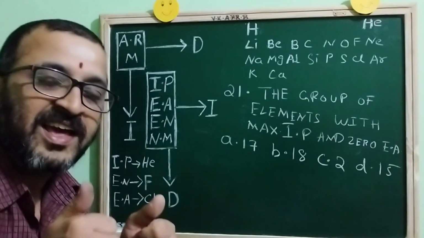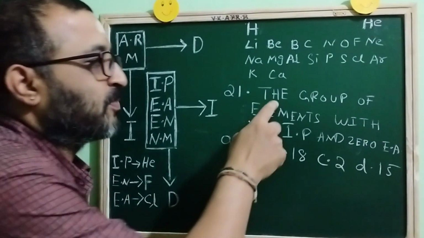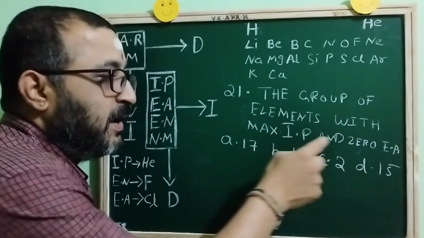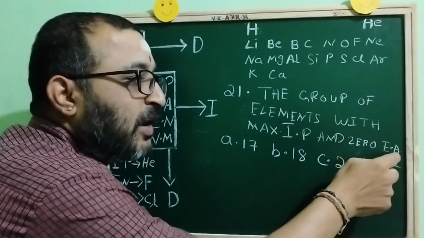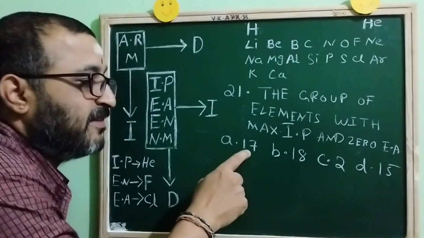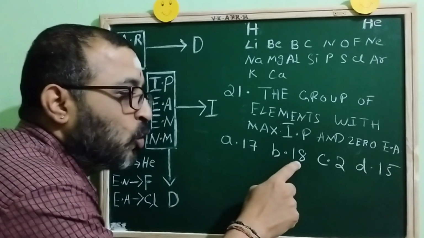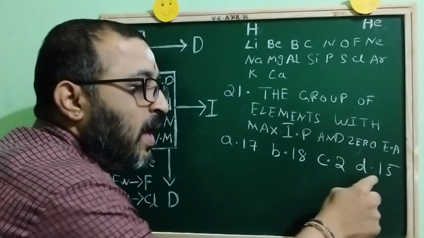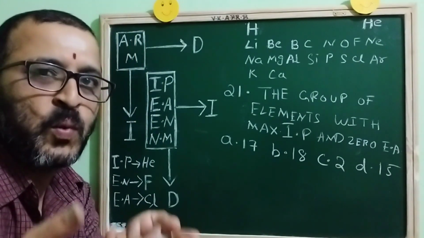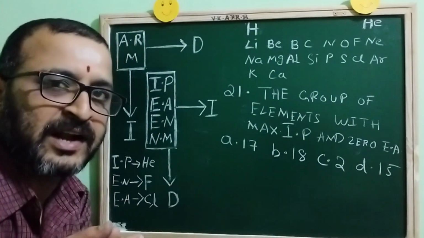Okay children, let us proceed with the next question. The group of elements with maximum IP and 0 electron affinity. Children, 0 electron affinity. The options are group 17, group 18, group 2 and group 15. Children, everybody knows which group of elements are having a stable electronic configuration.